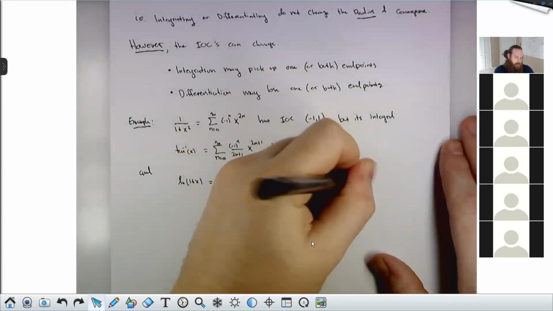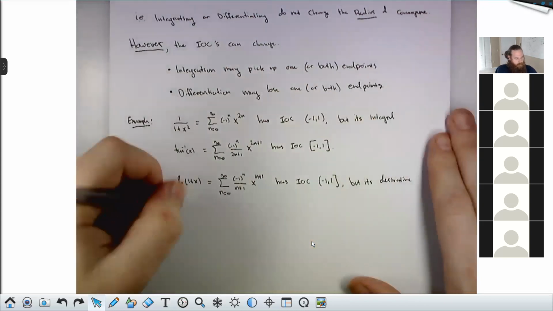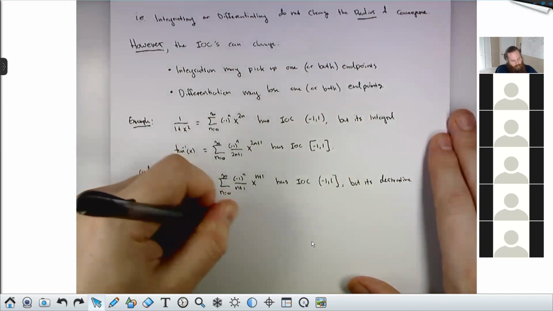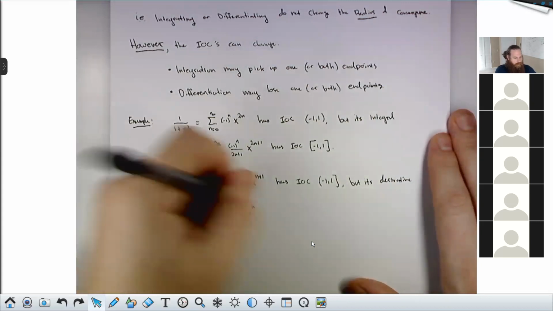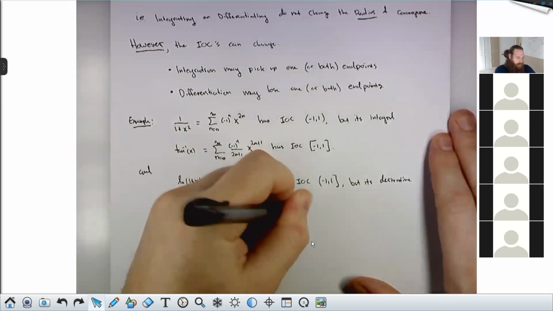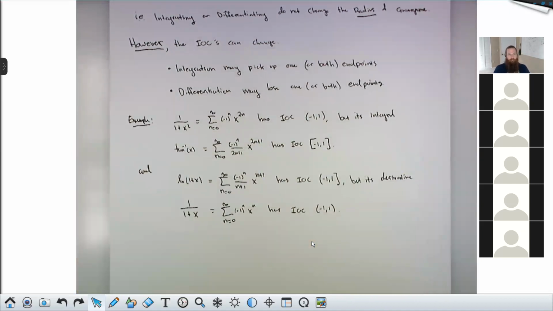But its derivative, which is 1 over 1 plus x, having series sigma n from 0 to infinity, (-1) to the n, x to the n, has IOC open -1 to 1. So if you differentiate this series, you lose the endpoint +1. It gets kicked out. And if you integrate this series, you gain both endpoints.